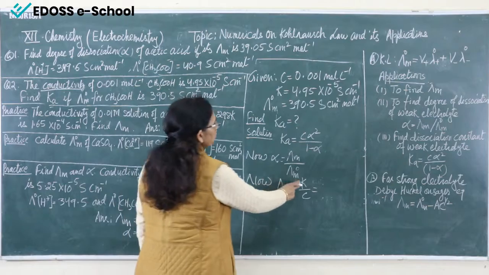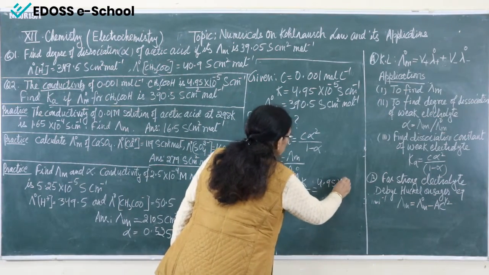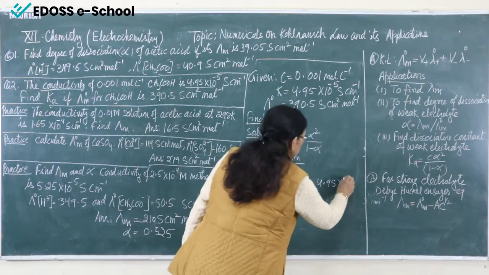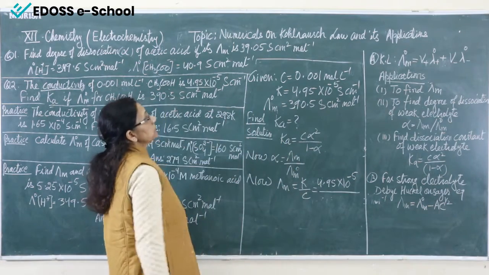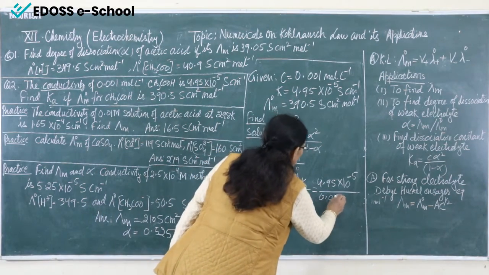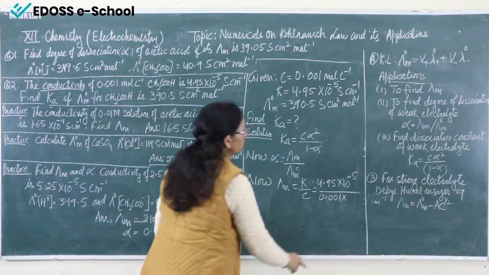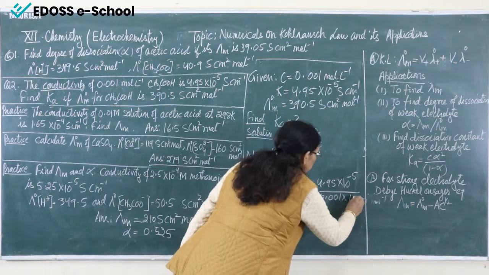So K is given to us, this is 4.95 into 10 raised to power minus 5, and C is also given to us, 0.001, and because this is in liter, we will multiply it by 10 raised to power 3.